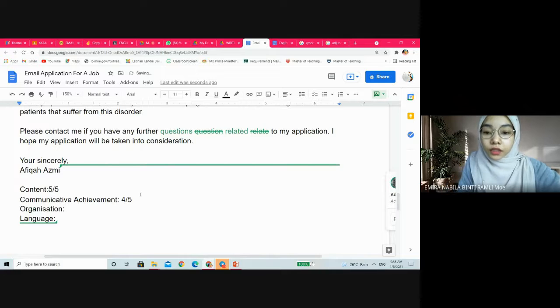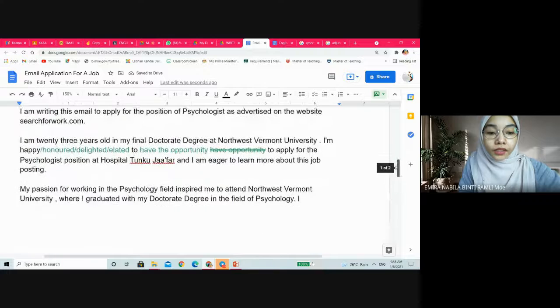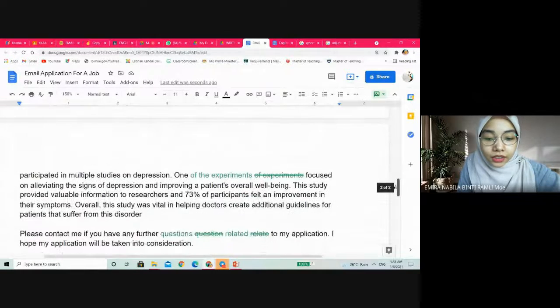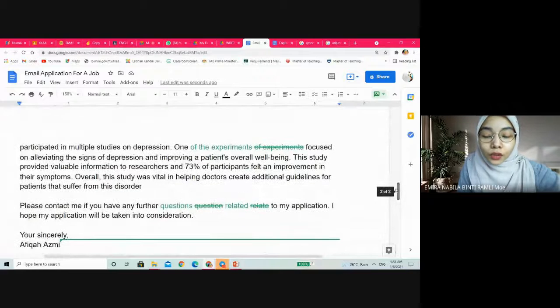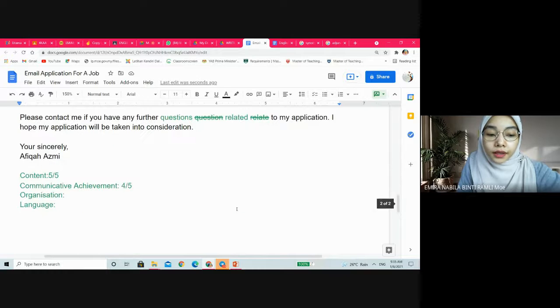Organisation, no problem. We can see that you have your paragraphing. See? Paragraph. And then do you have some sequence connectors? Okay. So Afika Azmi, please add words such as, see this? Overall. Words such as furthermore, in addition, moreover, so that we see the organisation more clearly. So organisation, let's have 4 out of 5.